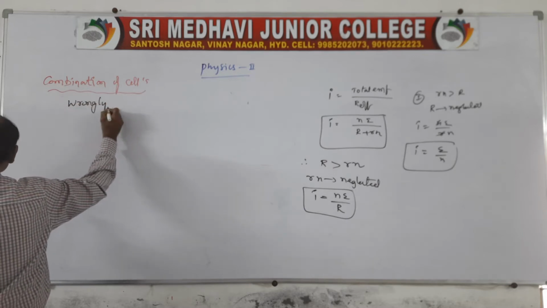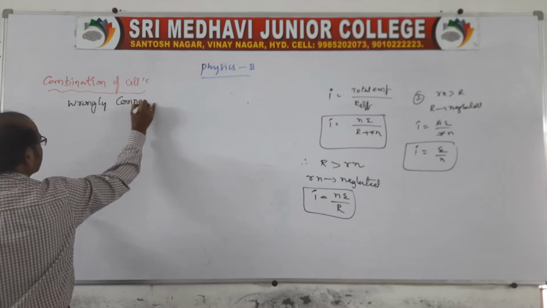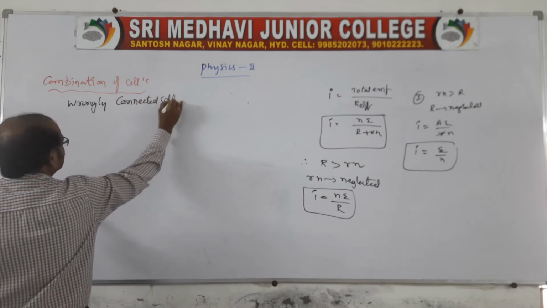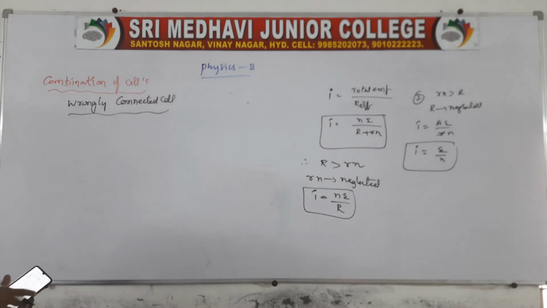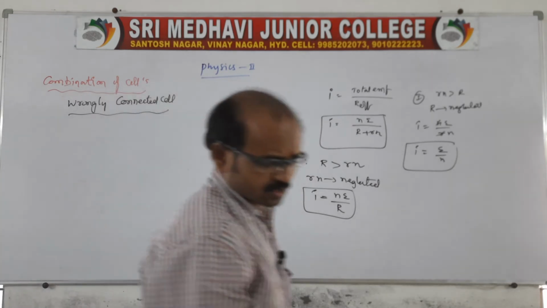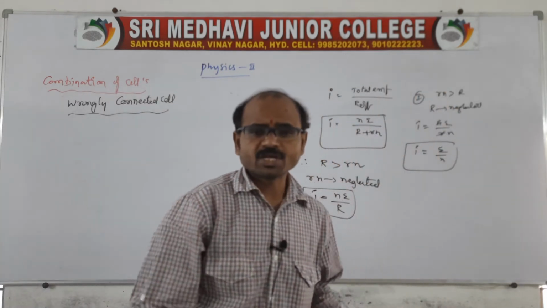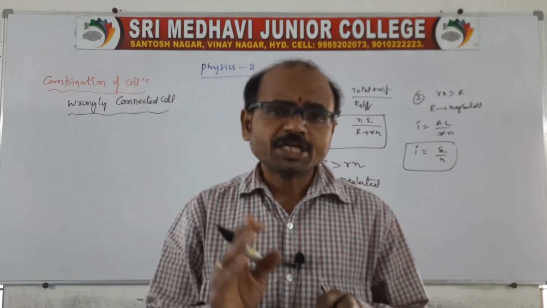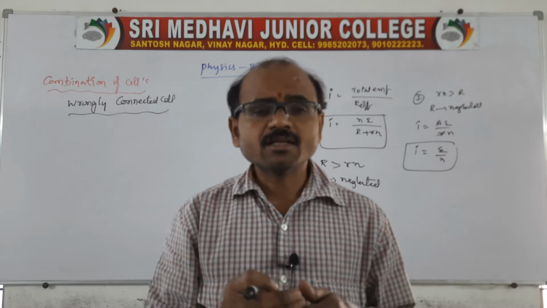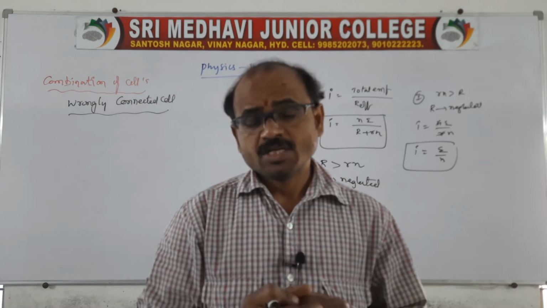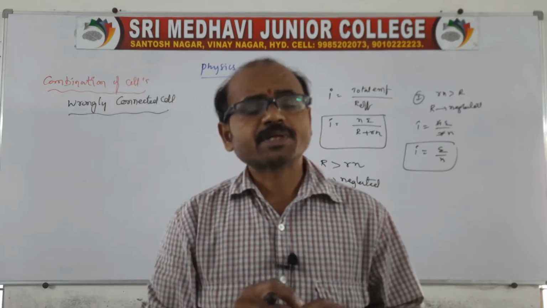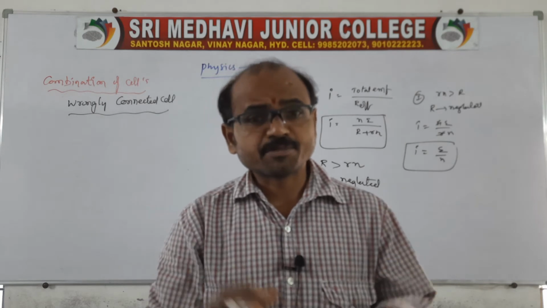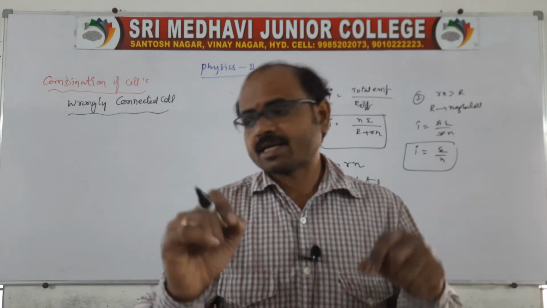In general, all cells are to be connected one after another. The positive terminal is to be connected to the negative terminal of the next cell, and the next positive terminal to the next negative terminal. That means it is a correct connection.